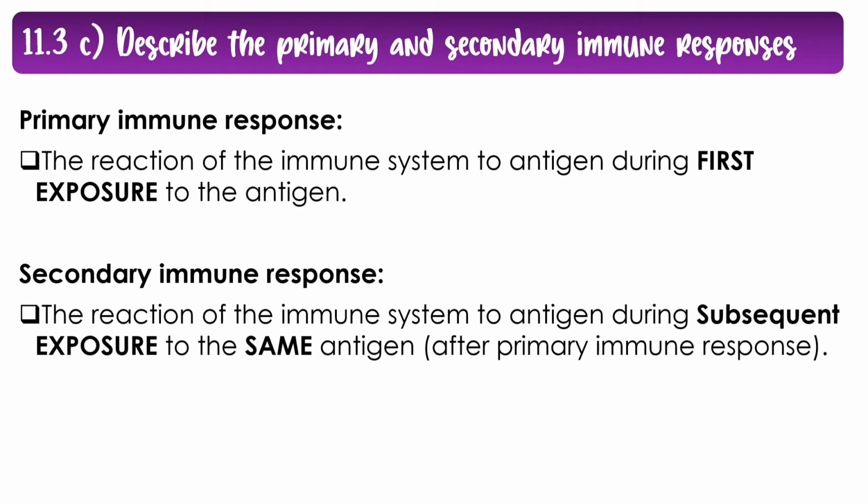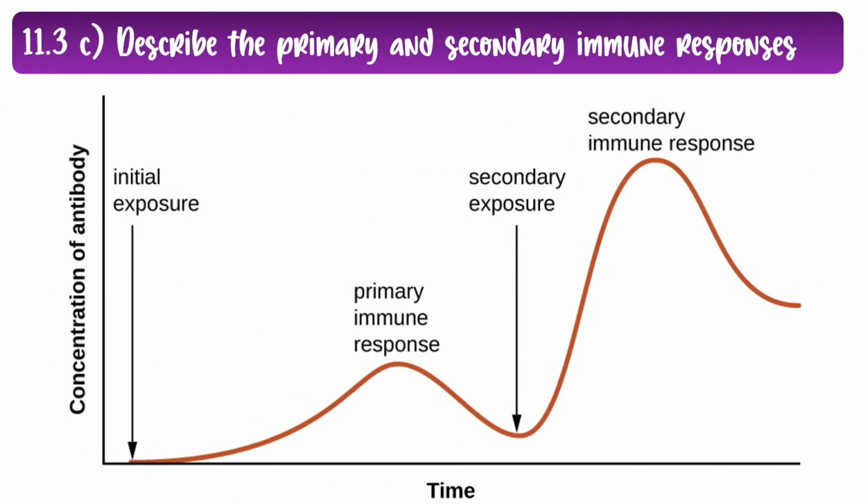In contrast, the secondary immune response is the reaction of the immune system during subsequent exposure to the same antigen. We characterize the primary and secondary immune response mainly in terms of the concentration of antibodies produced against the antigen.